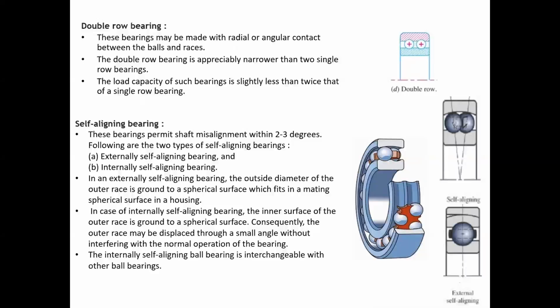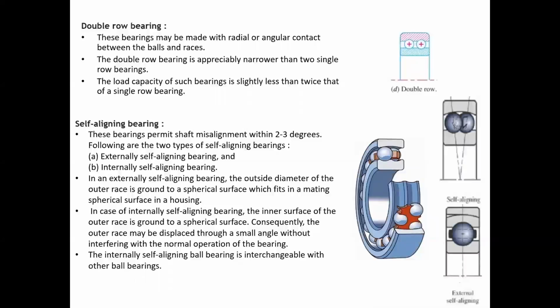Okay. The next type of bearing is the self-aligning bearing. We have talked about the problem that if there is any misalignment in the shaft, then rolling contact bearings have a limitation.